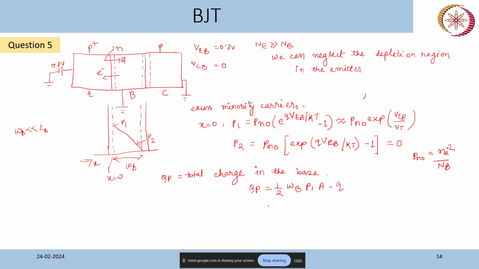Now let me simplify this. Half Q A WB Ni square by Nb exponential of, so what is VEB? 0.7, and it is given as room temperature.